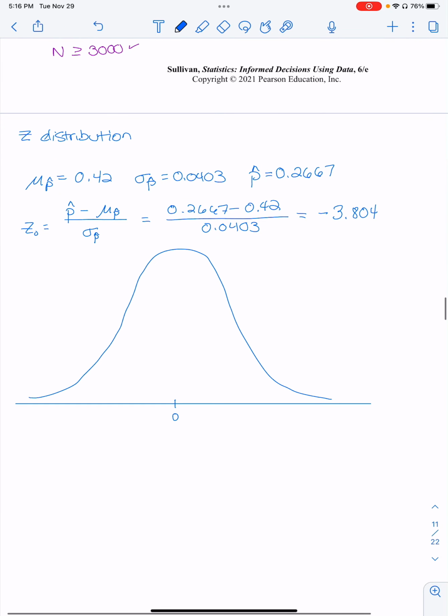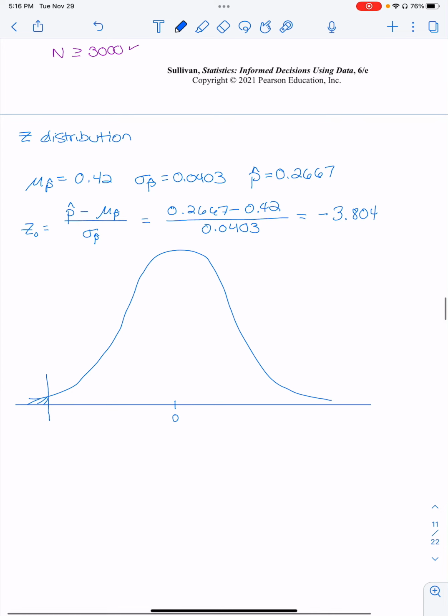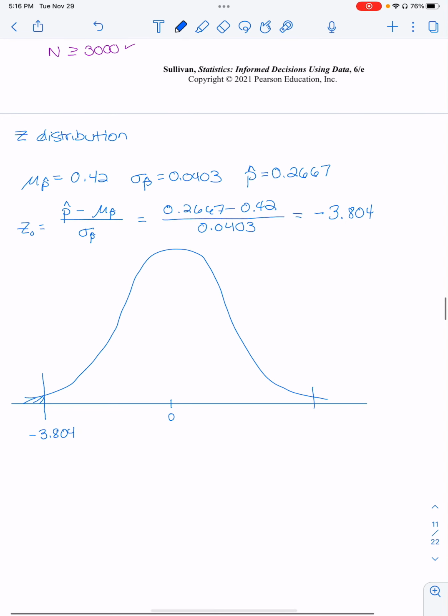So I want to look at what the area is over here, where my negative 3.804 is. But I also want to look at the area out over here, the positive 3.804, because all I was interested in is whether or not it was different than what it used to be. If I had asked just for one side, I would have just done a one-tailed test.